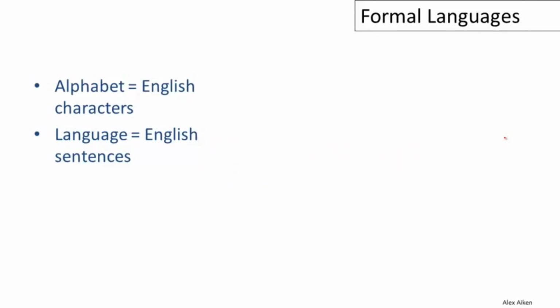An example of a language that you're familiar with is formed from the alphabet of English characters, and it is just the set of English sentences. Now, this is not quite a formal language in that we might disagree on which strings of English characters are in fact valid English sentences, but one could imagine that we could define some rules that would say that certain strings are English sentences and others aren't, and if we could come to some agreement, this would be a fully formal language.